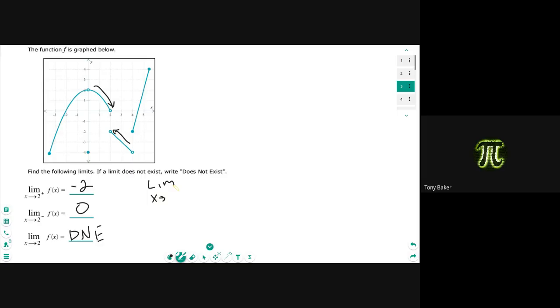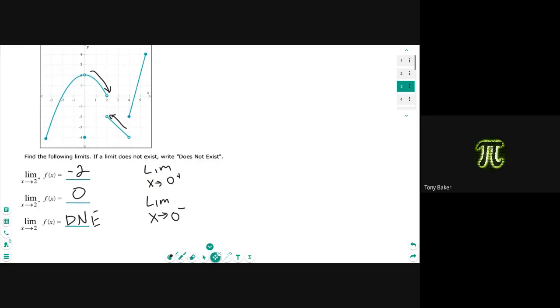Let's do 0. All right, what about 0? The limit goes to 0 from the right.